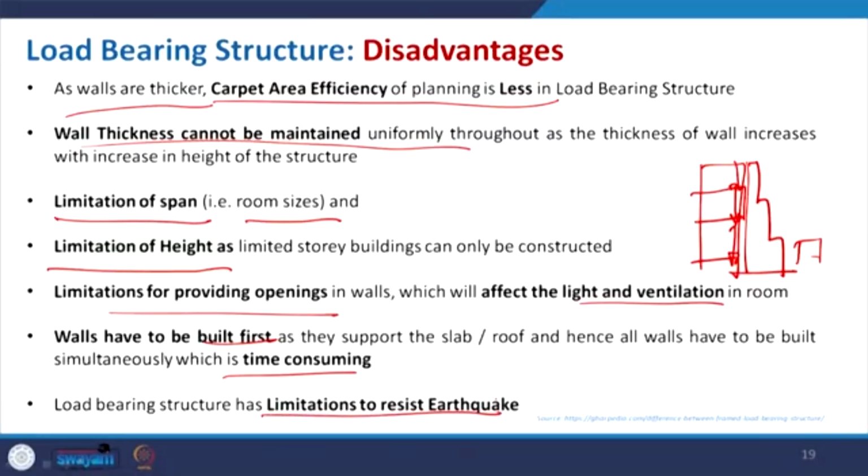And another one is basically that this load bearing structure is not really very good in terms of earthquake resistance, because during the earthquake the shock wave creates simultaneous tension and compression, and masonry is poor in tension, because there is no reinforcement, no steel which can actually help to manage the tension. So, it will not be really good for especially the high rise building. So, that is why the limitation of the height and the number of stories is there.